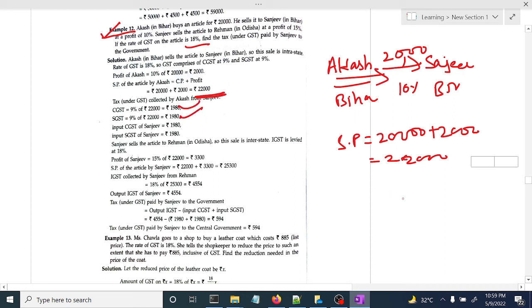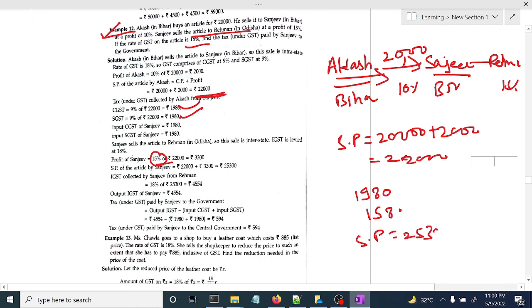So if you see, Sanjeev's input GST is how much? 1980, 1980. Then Sanjeev sells it to Rahman in Odisha. So now he's selling to Rahman, who is in Odisha, so here IGST will come into the picture, right? At a profit of 15%. So the selling price of Sanjeev is how much? 22,000 plus 15%, so 25,300.